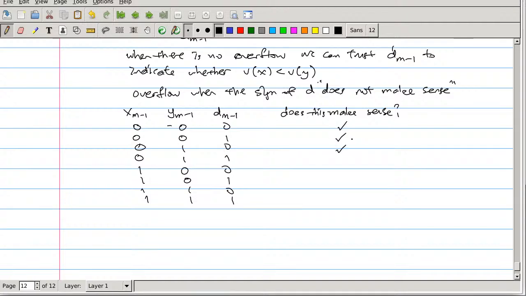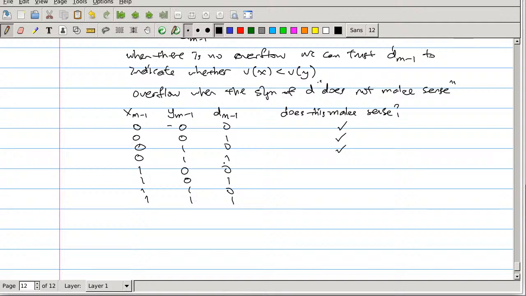Okay. Now we have this case where x is non-negative, y is negative, and the difference is negative. So this is saying that if I subtract a negative quantity from a non-negative quantity, we end up with a negative quantity. Does that make sense?